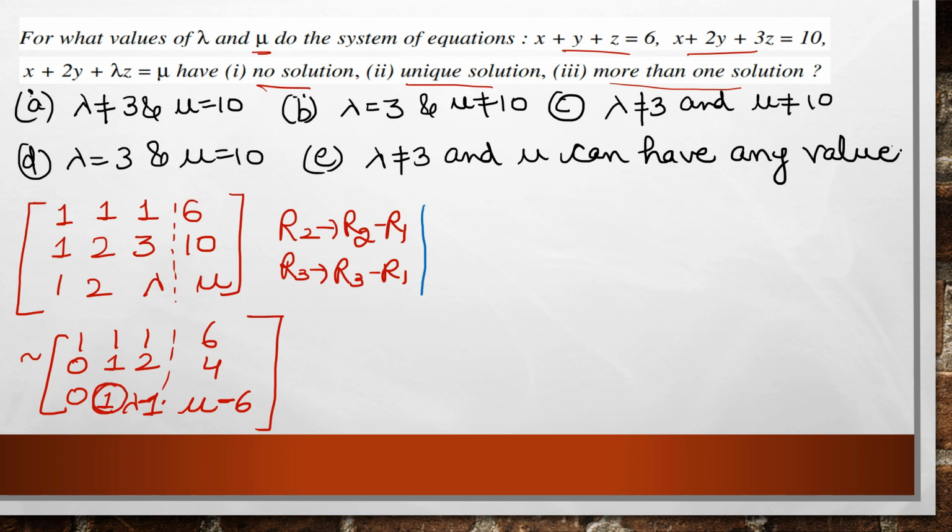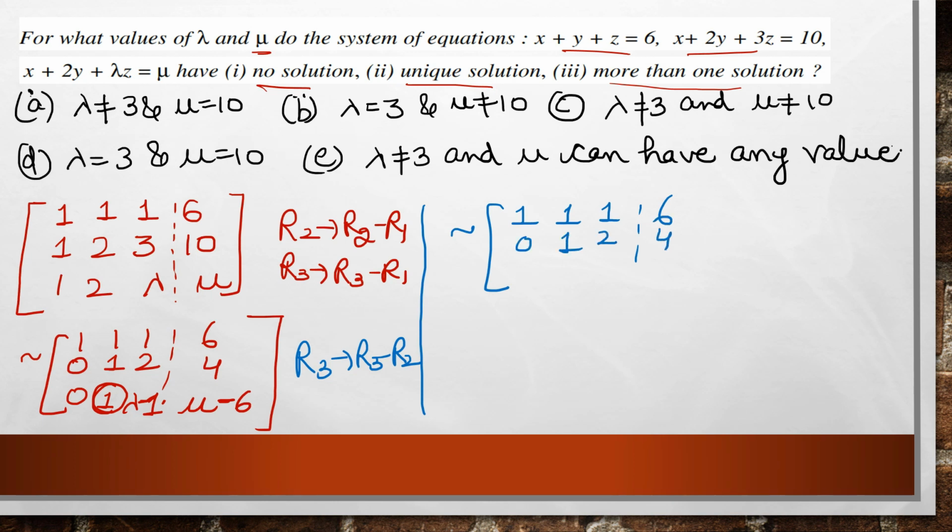I'm going to operate R3 minus R2. So what will we get? We'll get 1 1 1 and 6 as such, 0 1 2 4, and here 0 0, lambda minus 3, mu minus 10.